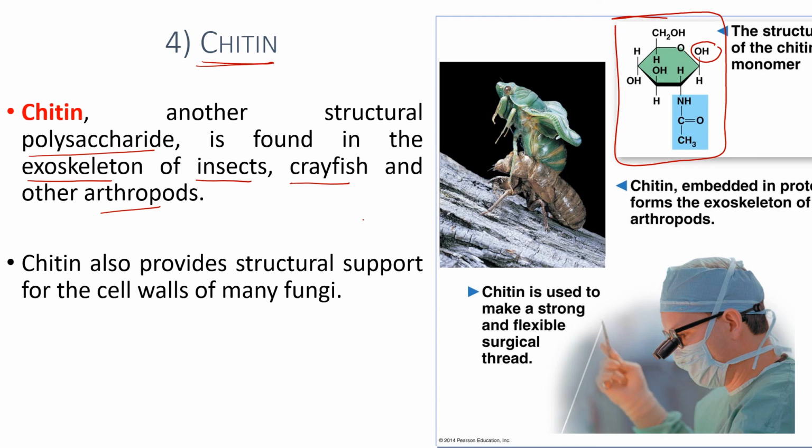But at carbon number 2, instead of having a hydroxyl, it is replaced with a nitrogen-containing appendage. So that is the difference between the monomer of cellulose and chitin: the chitin monomers contain nitrogen-containing appendages at carbon number 2.